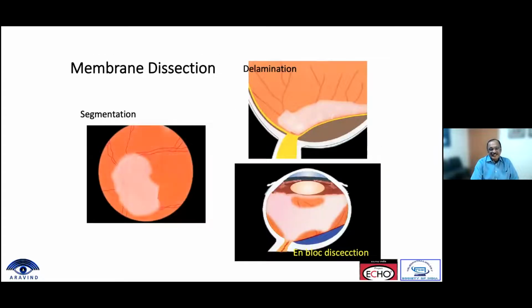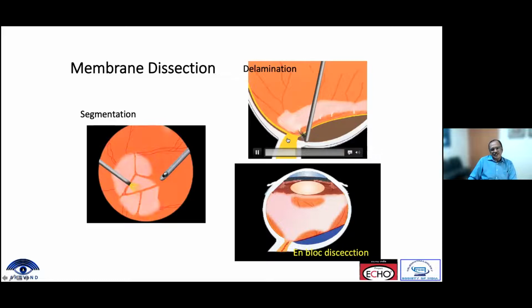So what are these? Segmentation is when you have a membrane. Today we do a combination of these, such as multiple islands of these membranes being cut, and then you remove them in pieces. Or delamination, where you would remove these membranes as a whole, depending on the situation.